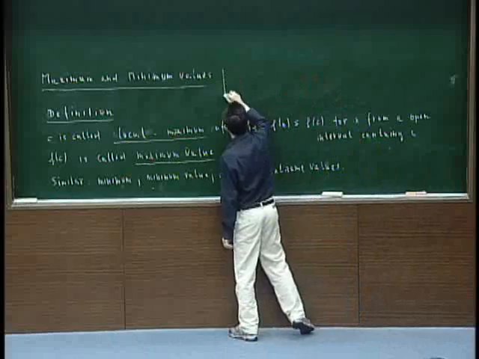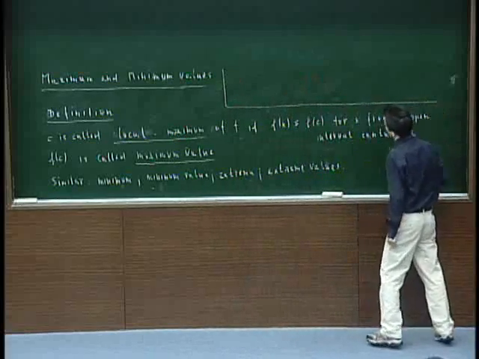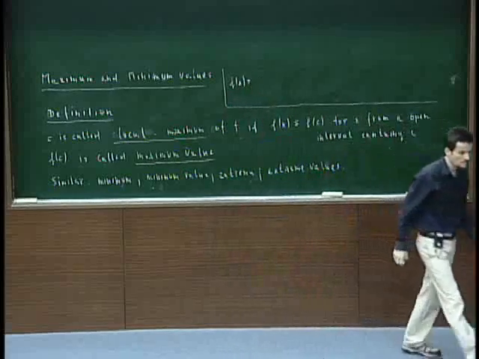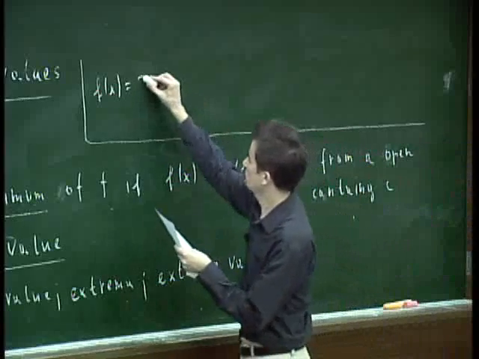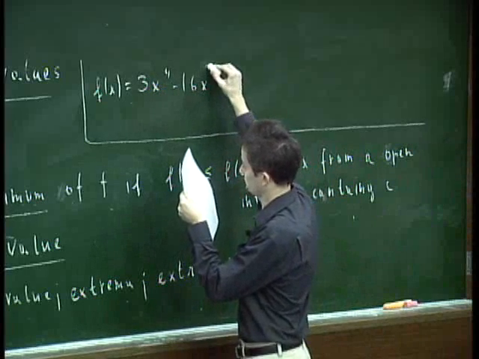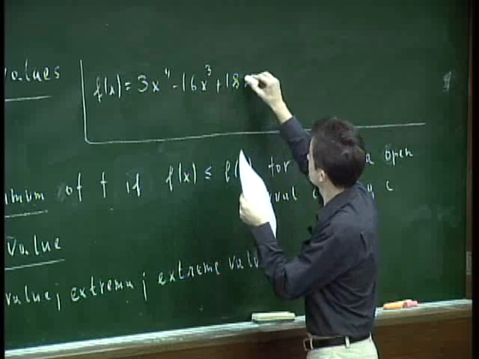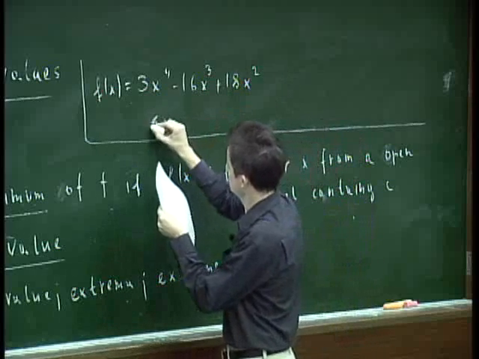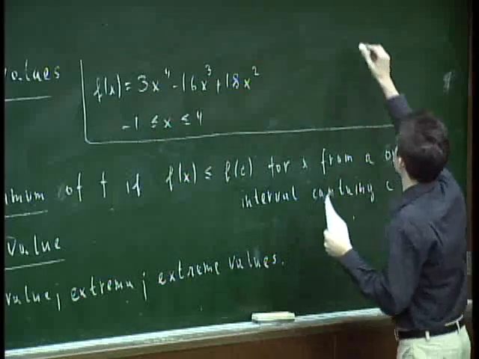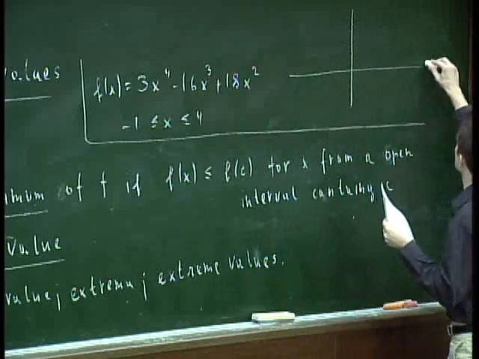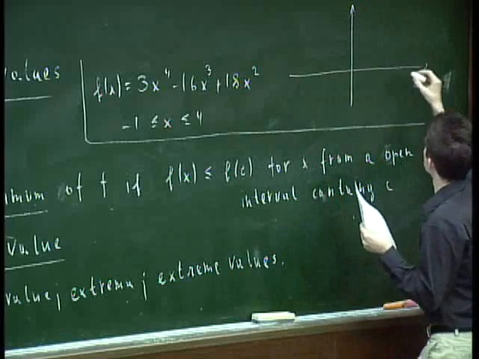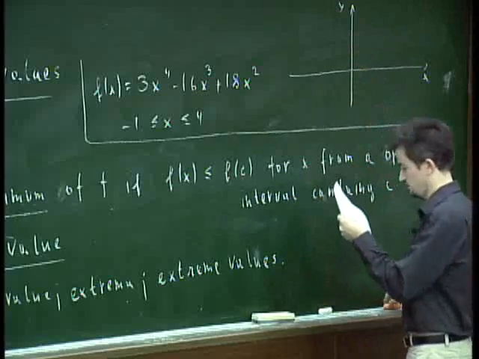For instance, if you look at the function in our textbook, 3x to the 4 minus 16x to the cube plus 18x squared, where your domain is minus 1 to 4. Now I plot the graph.